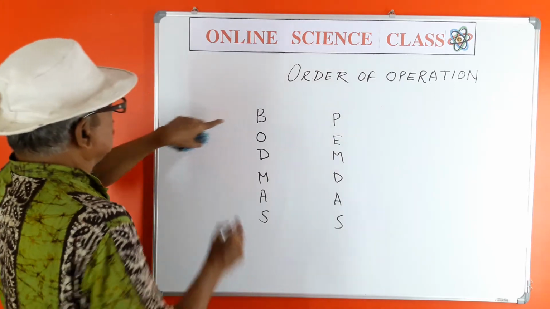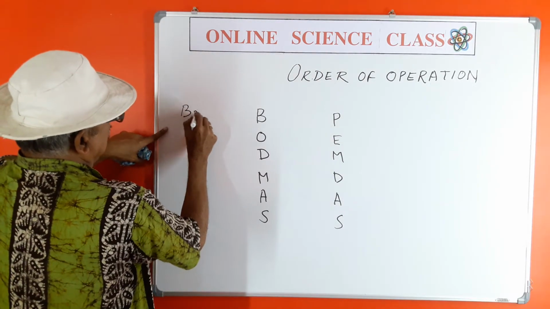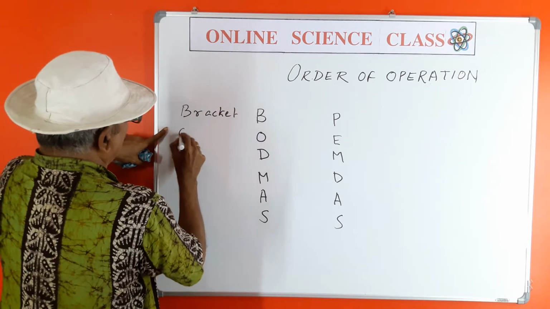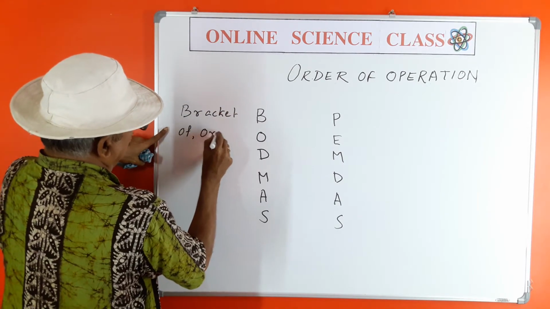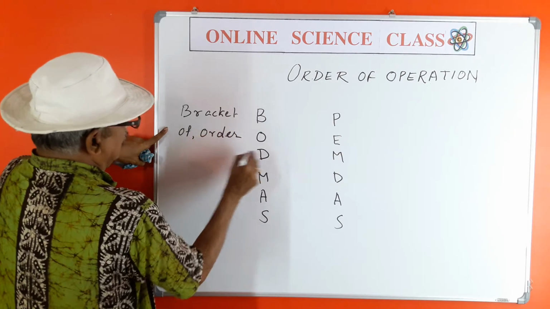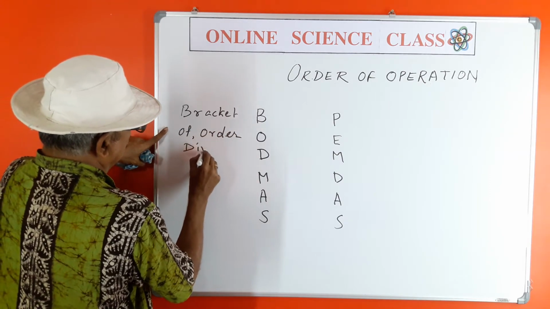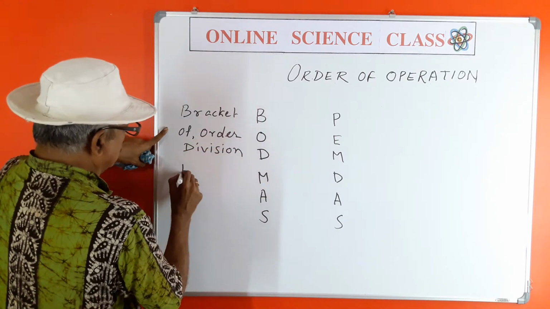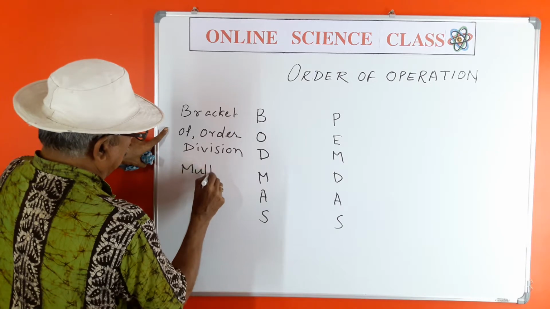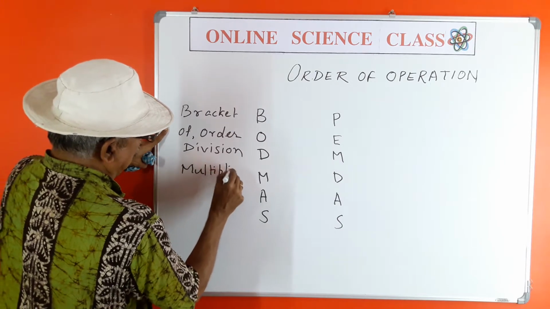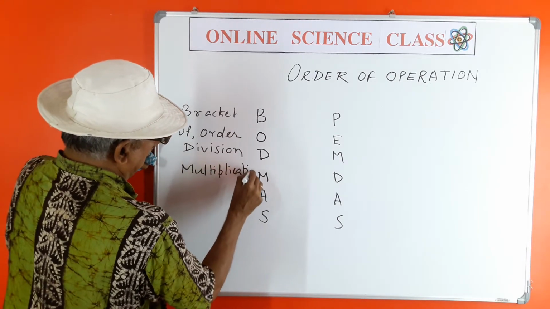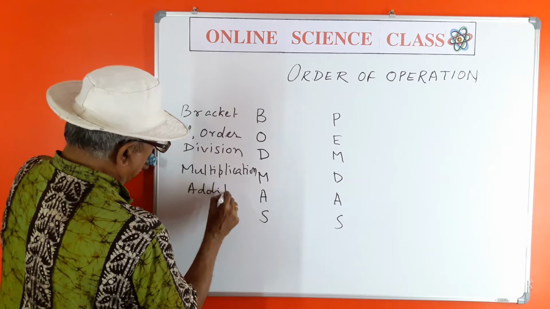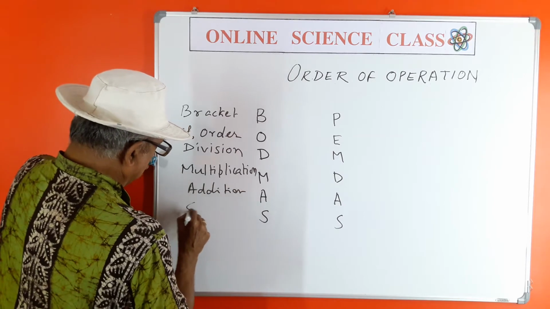So what is B? B means bracket. O is of or order. D is division. M for multiplication. A addition. S subtraction.